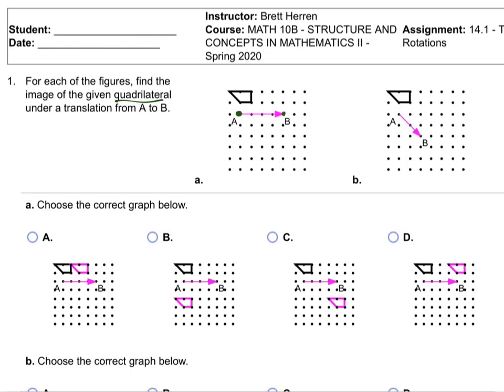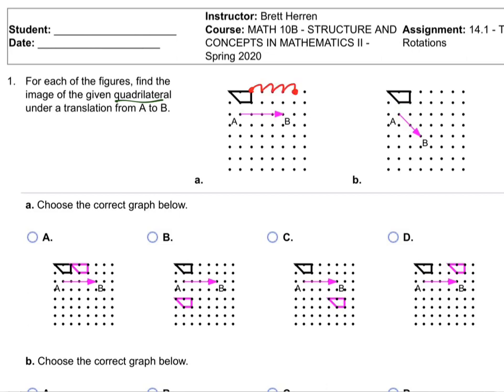So how many to the right? 1, 2, 3, 4 jumps straight right. So I just take all of the points and I move them. That arrow is telling me how I move each of the 4 endpoints on the quadrilateral. So take this one right here and go 4 to the right. 1, 2, 3, 4.